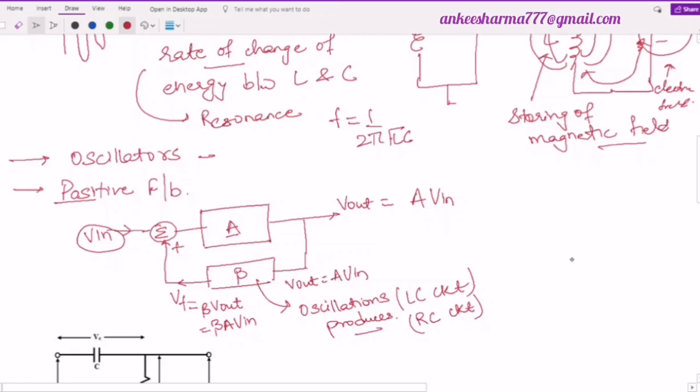Now this is being added to the value of my input voltage. Right now I'm just saying input voltage, but I will remove it later, and this will be amplified with the gain A and available in the output.